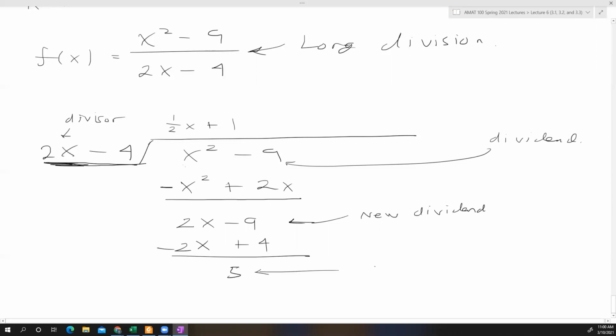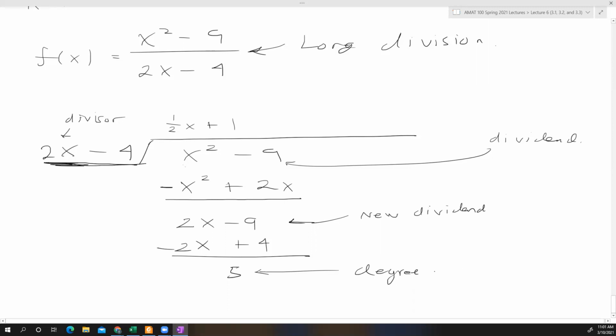So now, this is another polynomial. Notice that each time we divide, we get a new dividend, and it's another polynomial. The algorithm terminates, it stops, when the degree of the new dividend is less than the degree of the divisor.